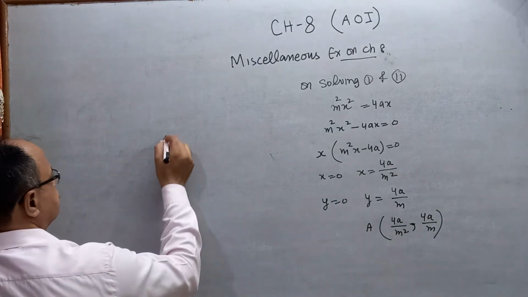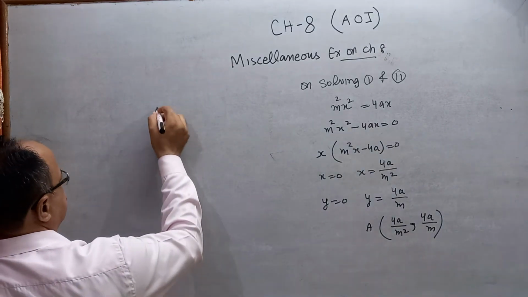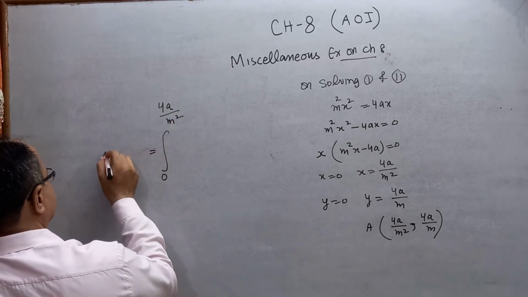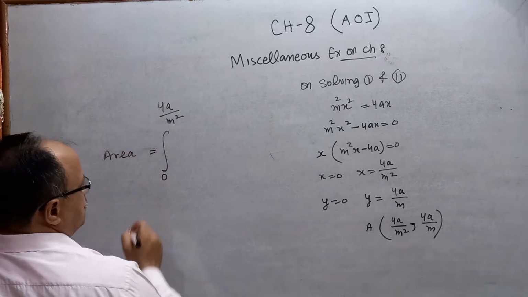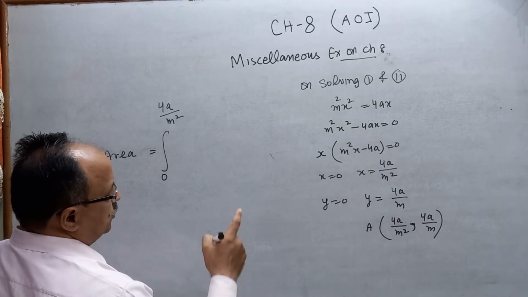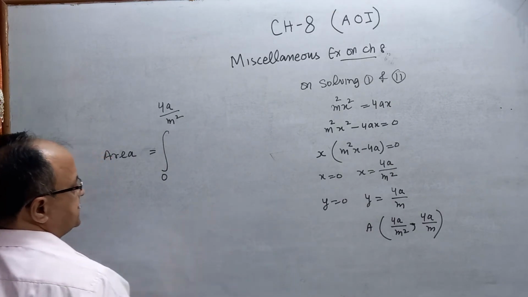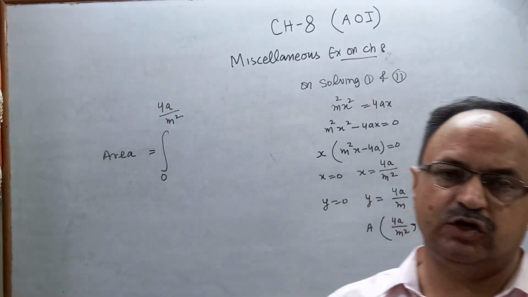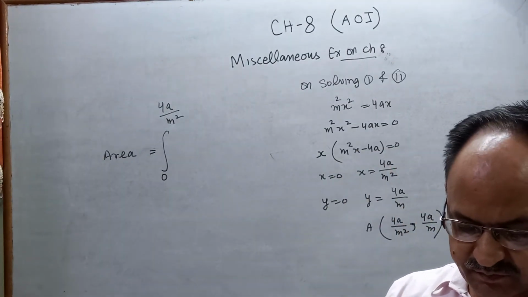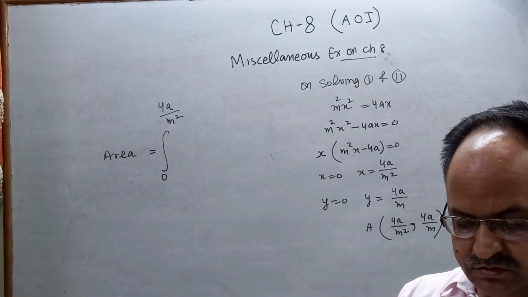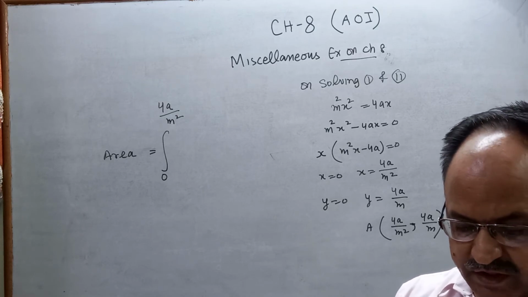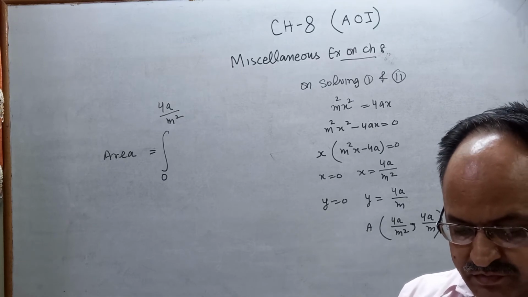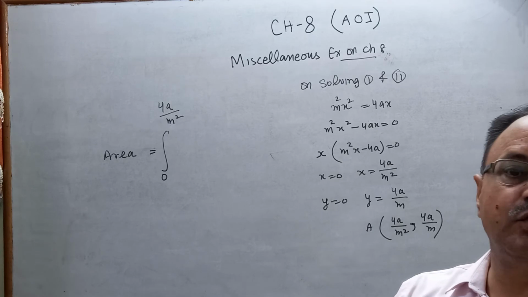Now integration, limit 0 to 4a by m square, upper minus lower. Upper, you know, is the parabola.